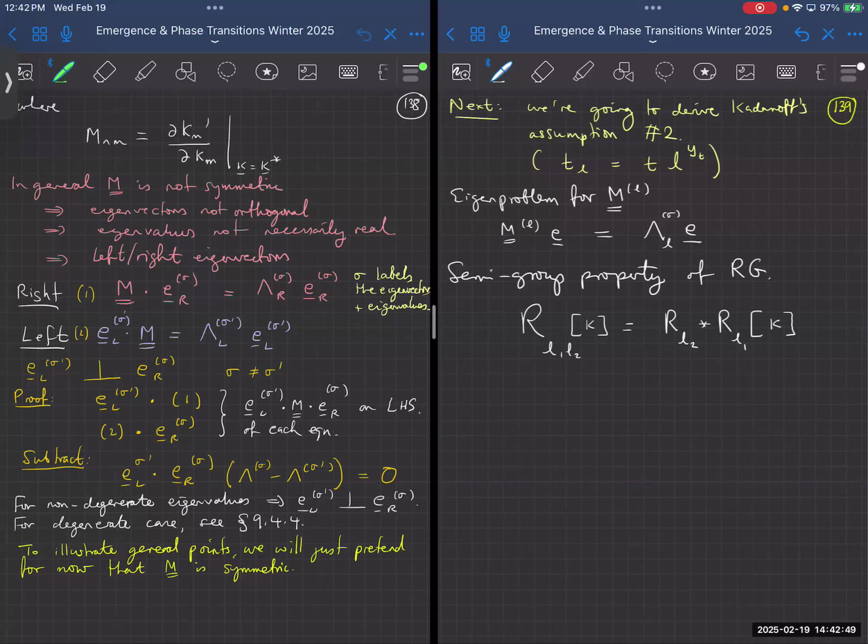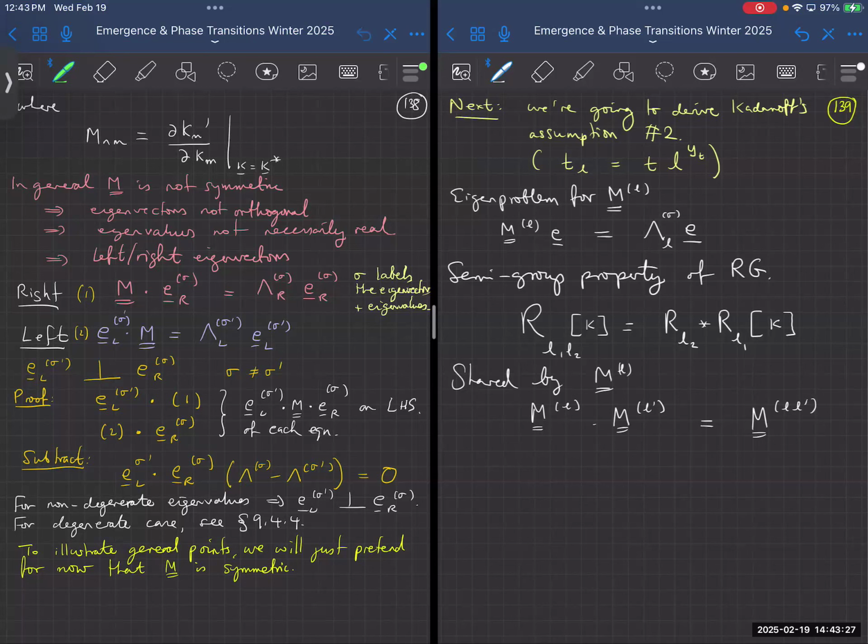Now the semigroup property is shared by the linearized renormalization group transformation. So this is going to be shared by our matrix M, our linearized renormalization group transformation. And so what that means, just reading it off here, is that M of L times M of L prime is equal to M of L times L prime.